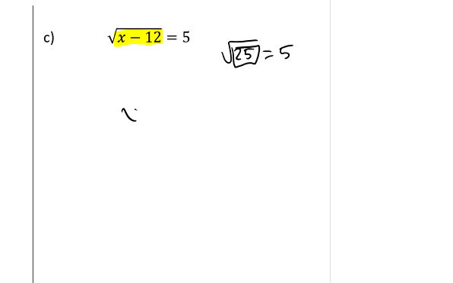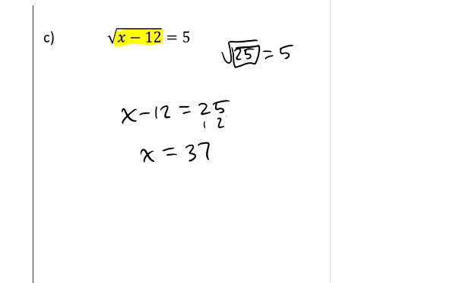So if I set this expression inside the radical, x plus 12, equal to 25, because I want it to be 25, I can solve this by adding 12 to each side, and I get that x is the number 67. Sure. No, not 67. 37. Not 36. 37.